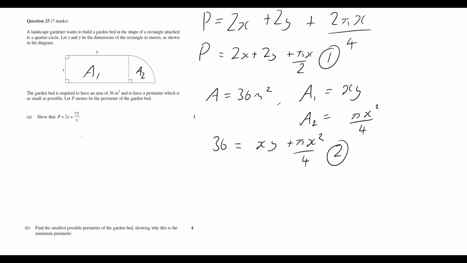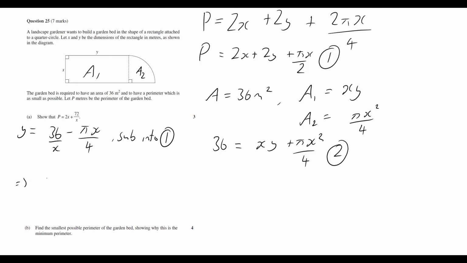So now solving equation 2 for y, we get that y is equal to 36 minus pi x squared on 4. And now we'll simply divide both sides by x. And so what we get now is 36 on x, and then we'll change that from an x squared simply into an x.